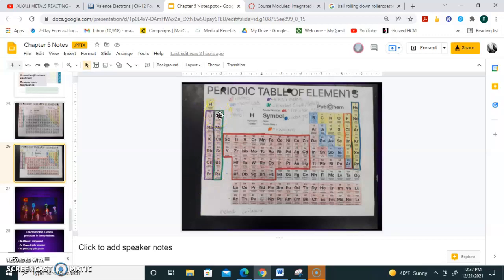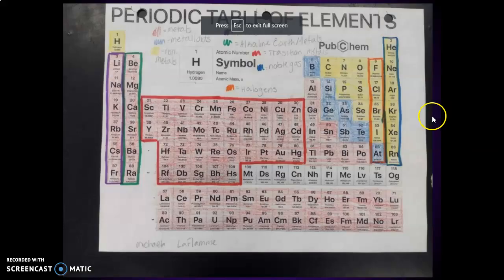Second group outlined in green over here is the alkaline earth metals. We got transition metals right here outlined in red. And we have the halogens, which are outlined in orange. And we have the noble gases, which are outlined in blue, as you can see. So you need to be familiar with all of these elements.